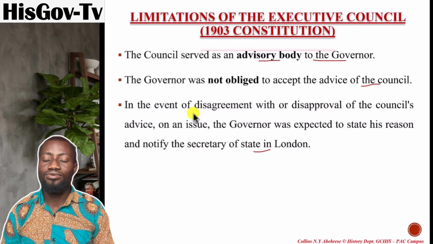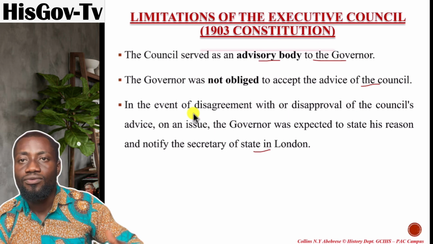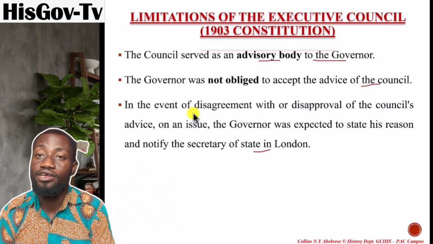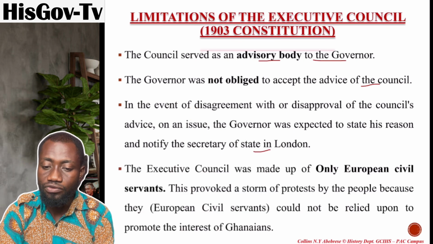So you see that the governor was not responsible to the people, but rather to the people who lived in the UK, the British Crown. Okay, and that is also a weakness.